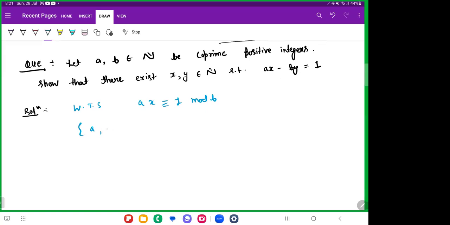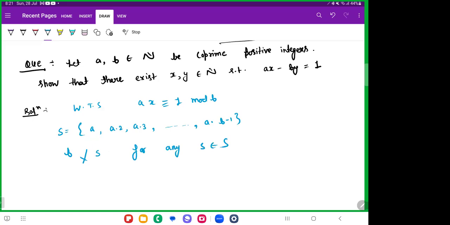So a, 2a, 3a, and so on, up to (b minus 1)a. And the interesting thing is b does not divide s for any s belonging to S.